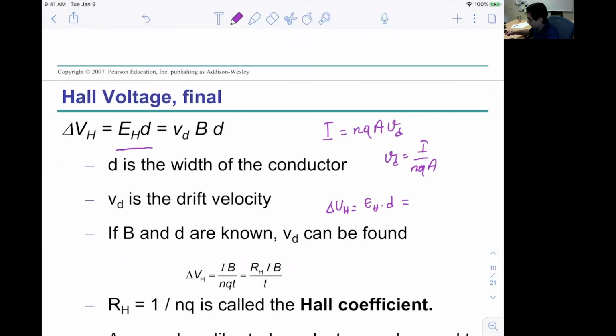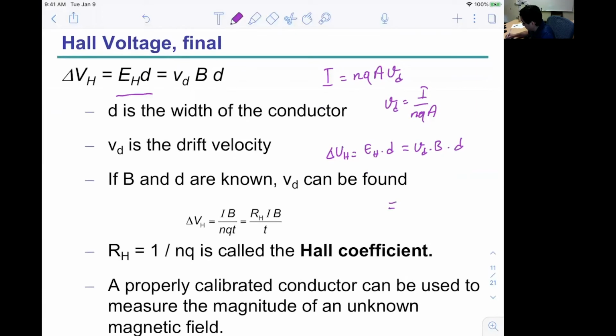Like a mass spectrometer. And you can write drift velocity times magnetic field. And the drift velocity is written in terms of current, so you can measure the current, I over N Q area. And you have the magnetic field and D.